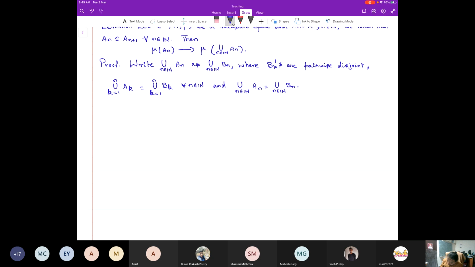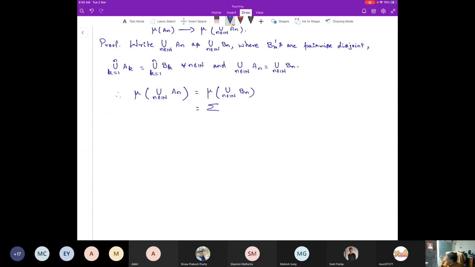Yes. Therefore, measure of the union over n in N, An, this is what we wanted, which is the same as measure of union over n in N, Bn, right? But the Bns are disjoint.